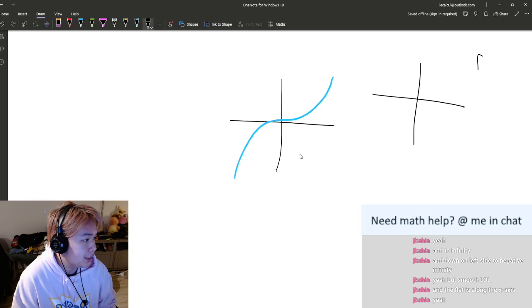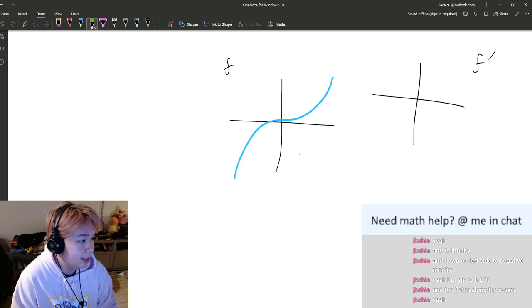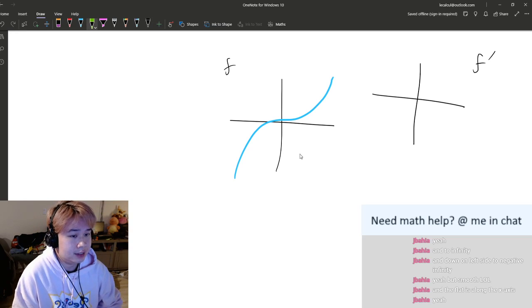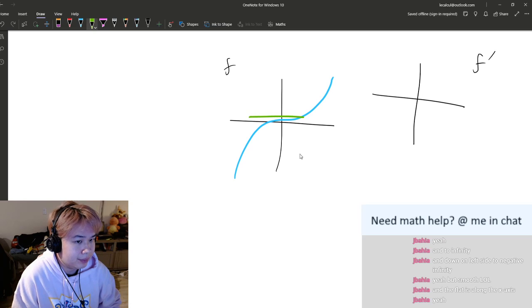Okay. So let's say that this is where you're going to graph your derivative. So what you do is you just compare some key slope values. So right here in the middle, the tangent slope through the center is 0, right? Because it's flat.